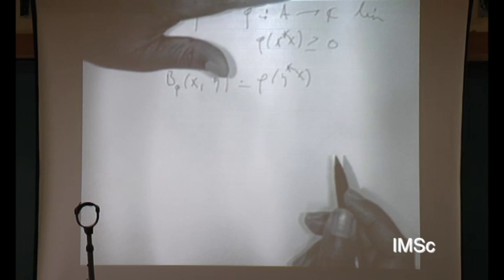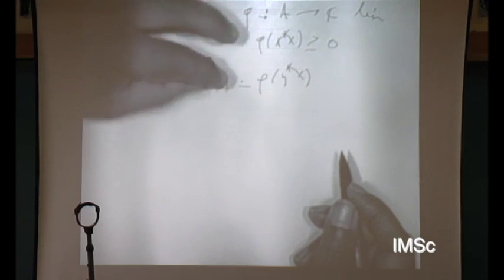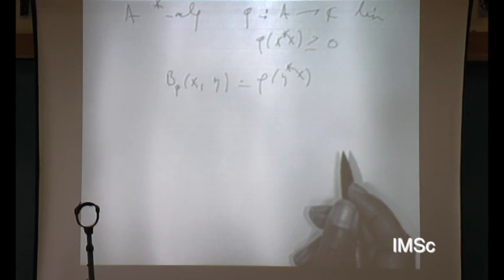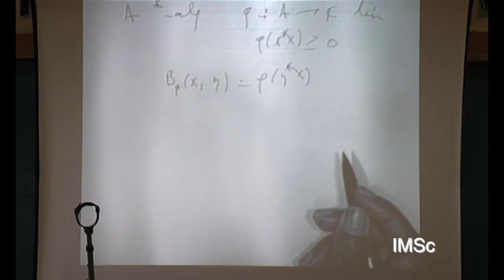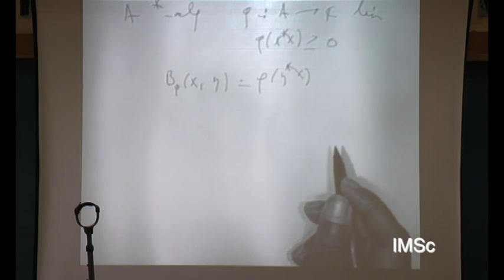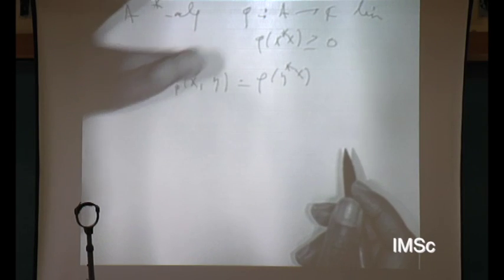First I must take the radical of phi, mod out A by the radical of phi, and everything goes through with Cauchy-Schwarz. You don't require anything, you only need positivity, which you have now.